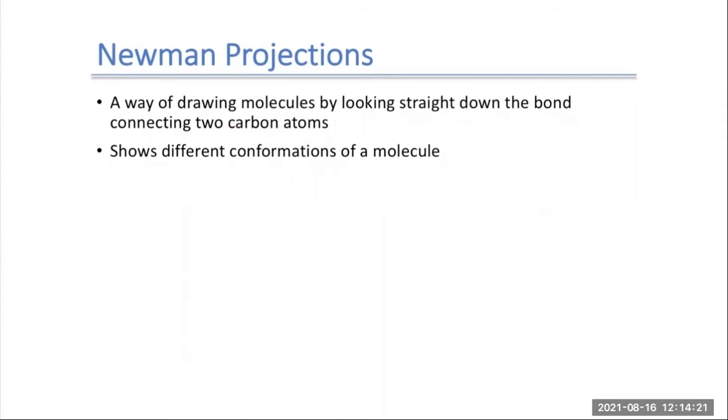And so if we look at a couple different conformations, if we draw our Newman projection, we have a circle, a line pointing up, two pointing to the side each, and another one pointing in the opposite direction.